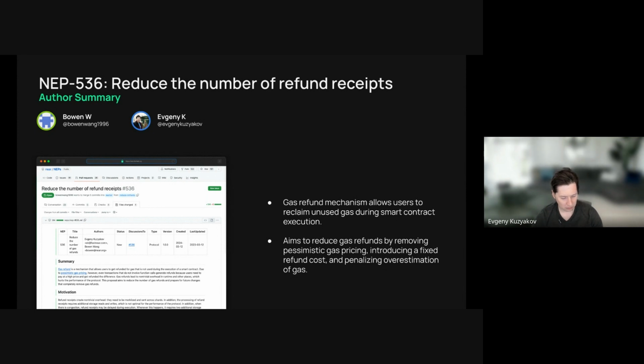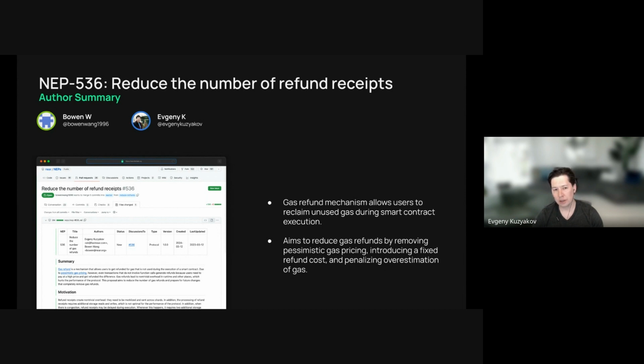Because the execution is asynchronous, the gas price might fluctuate between the origination when you issue the transaction and the moment when it's executed.